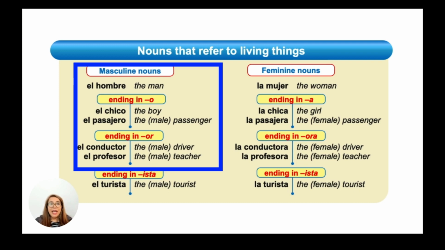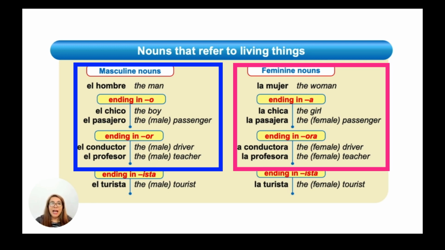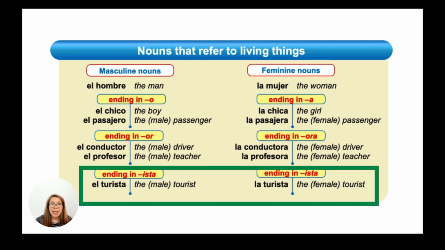If it ends in O, generally masculine. If it ends in a or ora, feminine. Ista, the last one there on the slide, could be either one. And you will be able to tell whether it's masculine or feminine by the article, but we'll see that in a little bit.